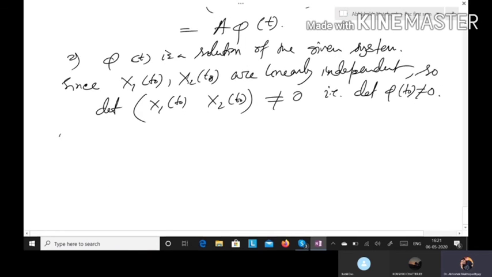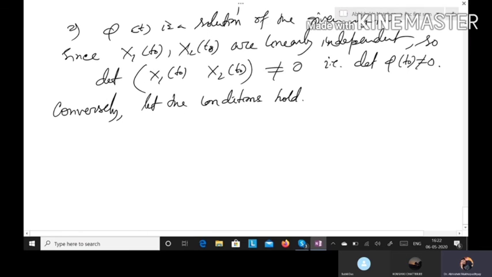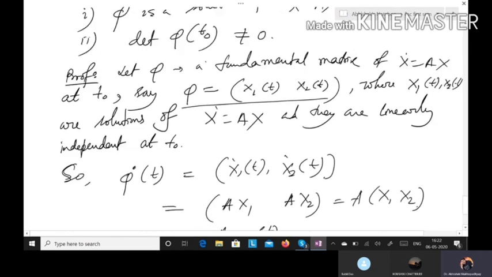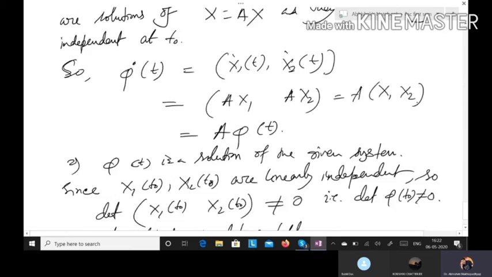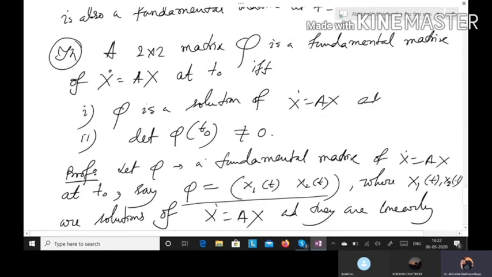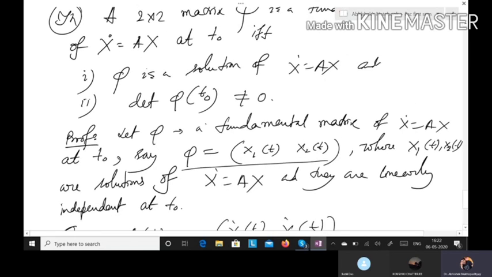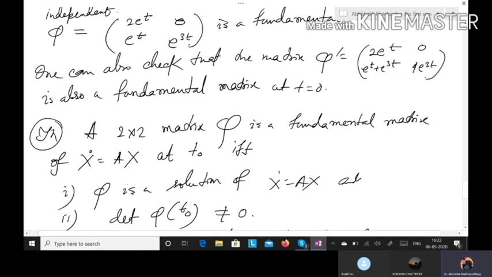Now conversely, let the conditions hold. That is, if we suppose that 1 and 2 both are true, then phi must be a fundamental matrix.